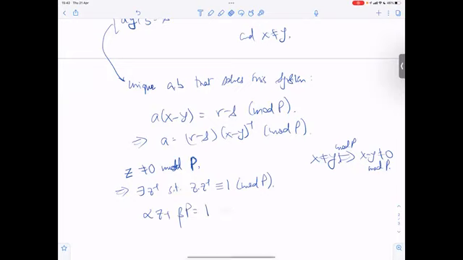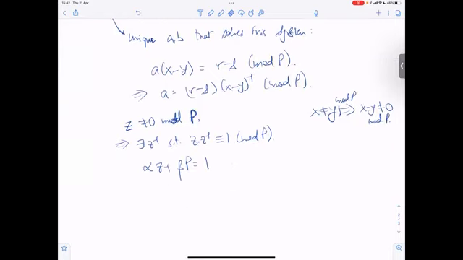I mean, the GCD of Z and P is 1, correct? Because P is a prime and Z is not divisible by P. So their GCD is 1. So now you just go modulo P and you see that alpha Z is congruent to 1 modulo P.